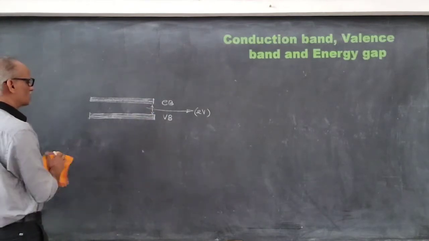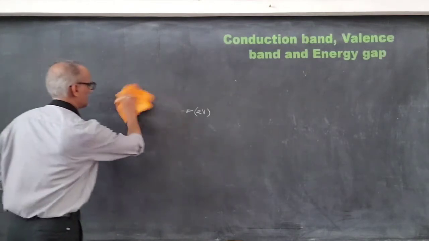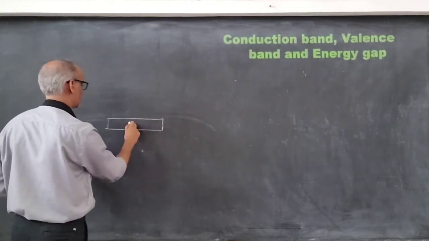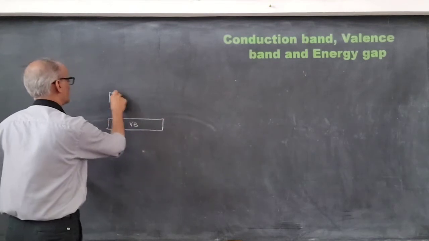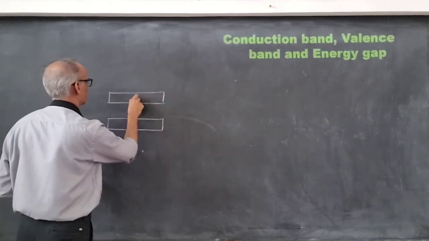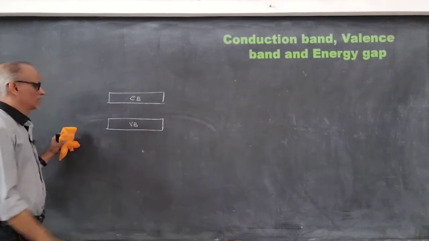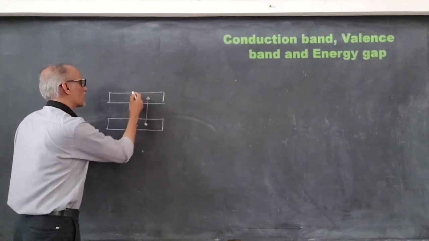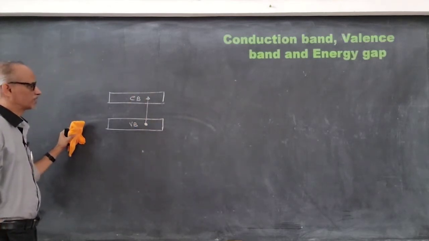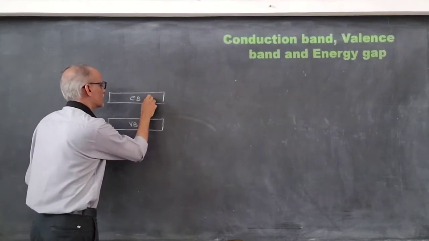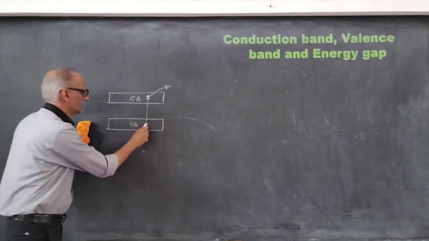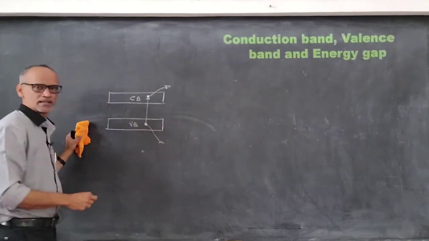Now, let us consider there is an electron in the valence band, and this is the conduction band. Whenever electrons are given energy, they go to the higher energy band, which is the conduction band, and the moment the electrons are available here, those electrons are called the conduction electrons. So, these electrons are called the valence electrons.